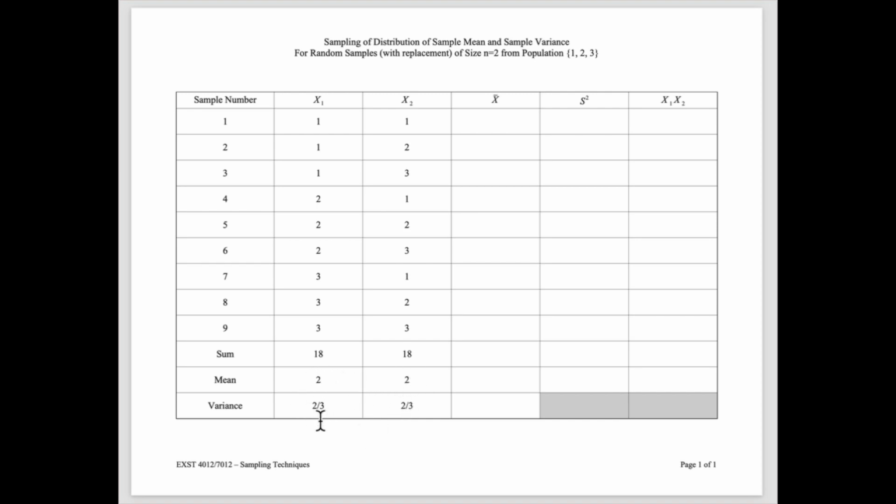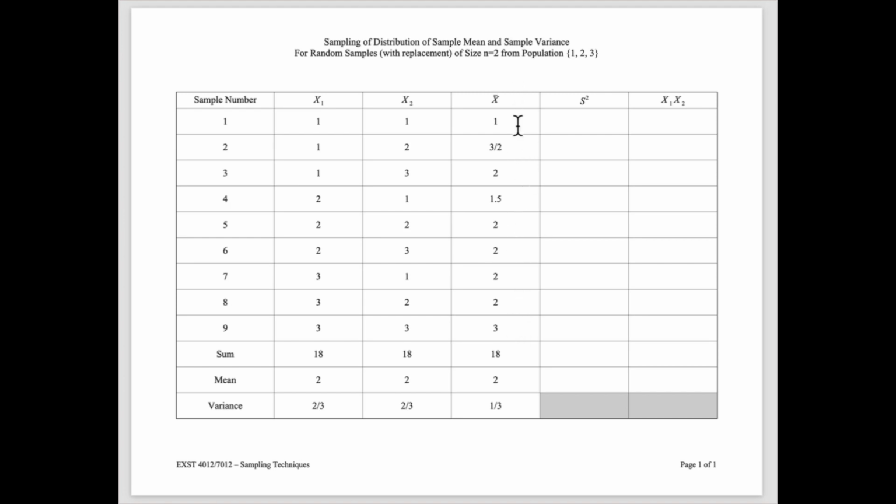Notice that 2 is the population mean, and 2/3 is the population variance. So x1 has that distribution, that population, and so it has the same quantities. The next thing we did was calculate the sample mean. These are the values that we get in the first 9 rows.